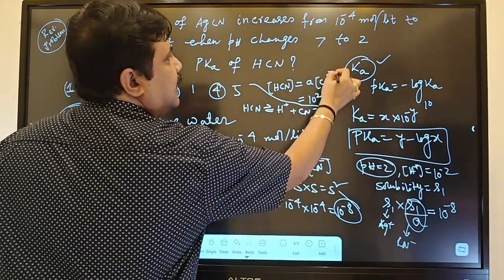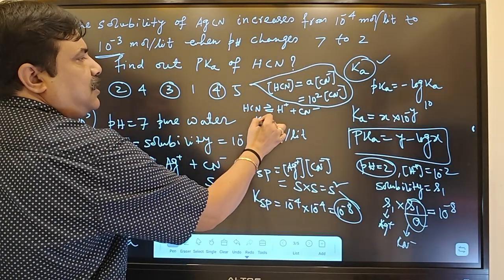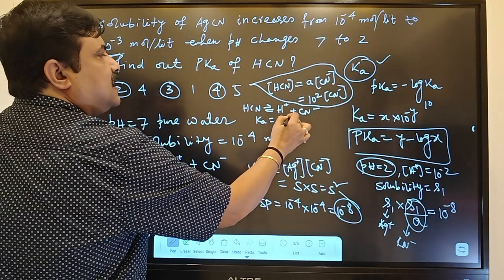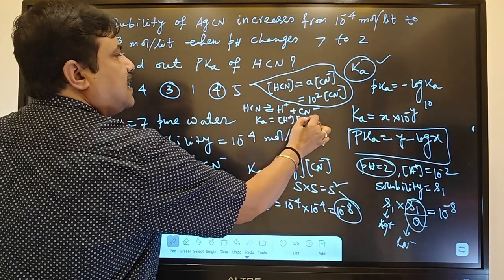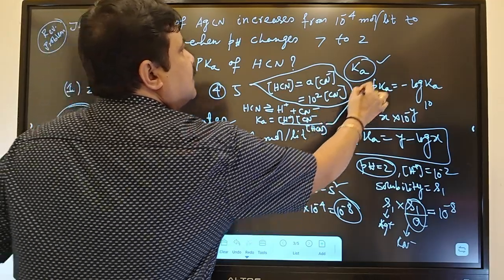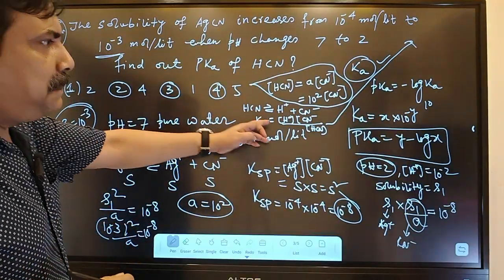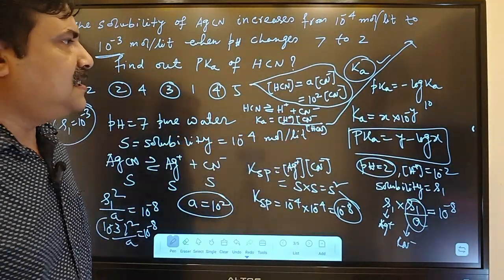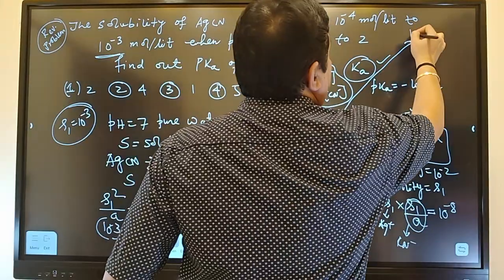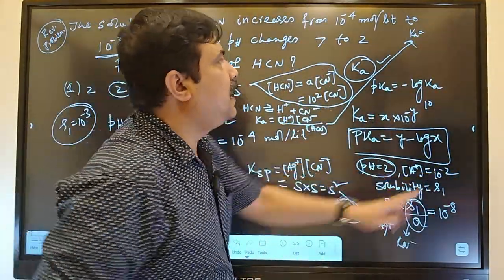For this reaction, Ka will be equal to H plus concentration into cyanide ion concentration by HCN concentration. Now these things I am writing over here. H plus, since pH is 2, is 10 power of minus 2. Then K will be equal to, with H plus concentration equal to 10 power of minus 2.